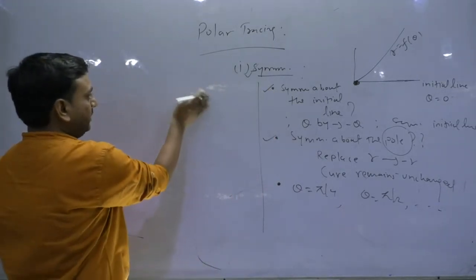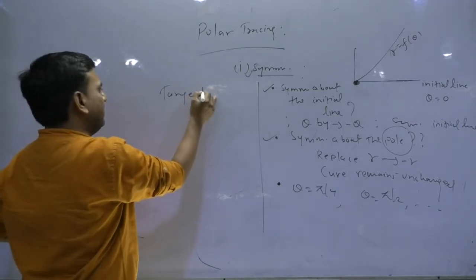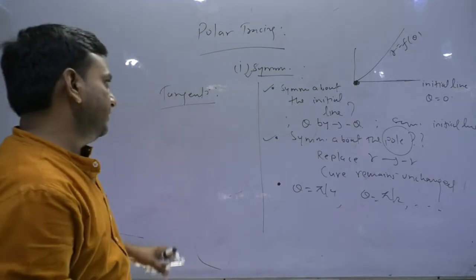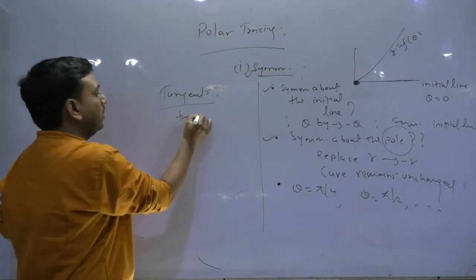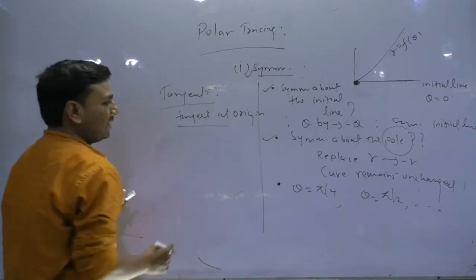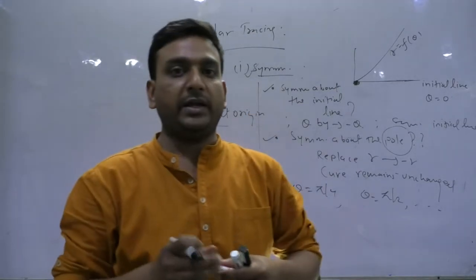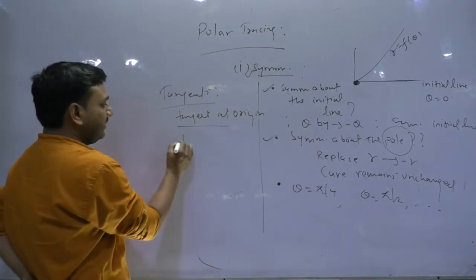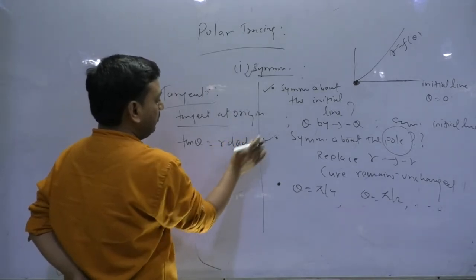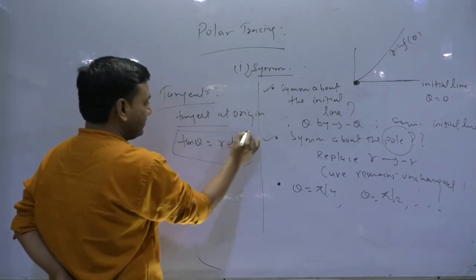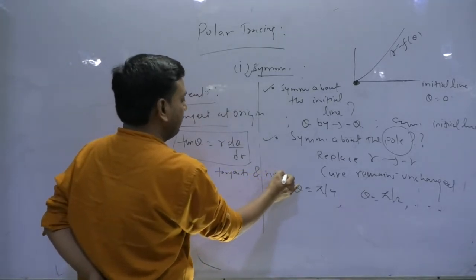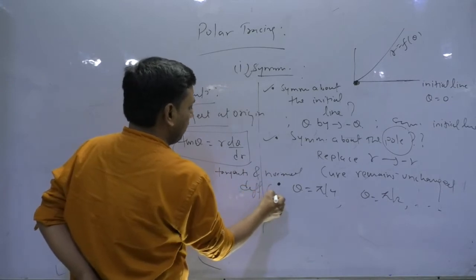For the next part, tangents. The important part here is tangents, because when we talk about tangents, we look at the tangent at the origin. Here, as we use the slope m equals to tan theta, in the case of polar form tan phi is written as r d theta over dr. This is the component we study in tangents and normals in differential calculus.